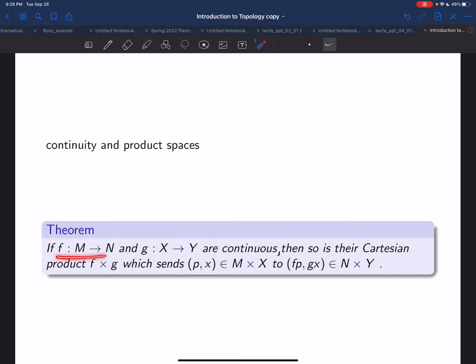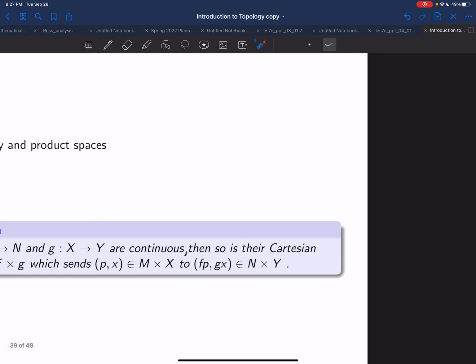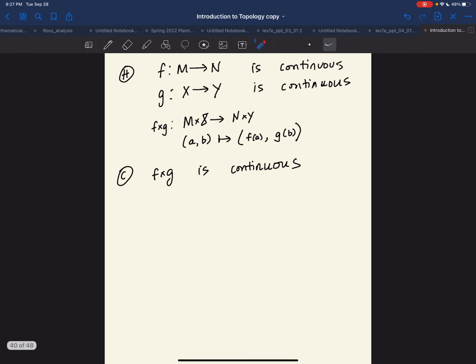We're saying that if you start off with 2 continuous functions, then the cross product is again going to be a continuous function. And so let me show you what this looks like. The setup is f goes from m to n, g goes from x to y, and we can form the cross product f cross g, and it goes from m cross x to n cross y.